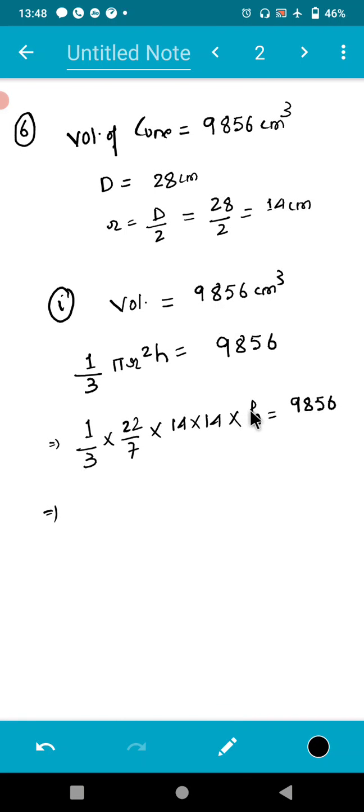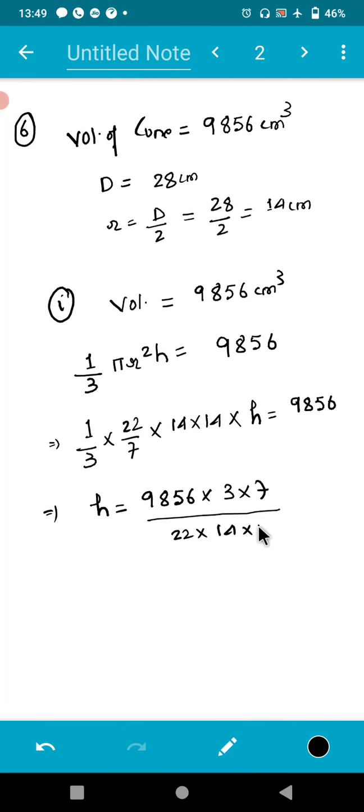Now to get the value of height we have to transpose all those values to the right hand side. So it will look like height is equal to 9856, all the denominator will come to the numerator this time, and all the numerator will go to the denominator, that is 22 into 14 into 14. Now you just have to reduce these values.